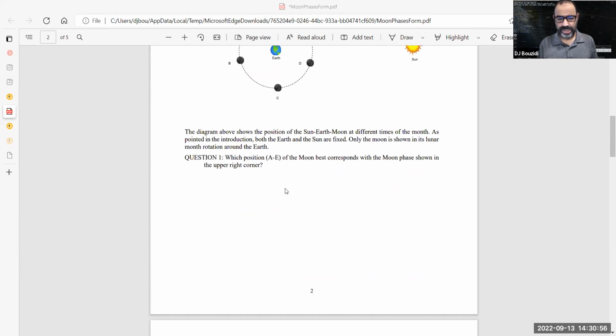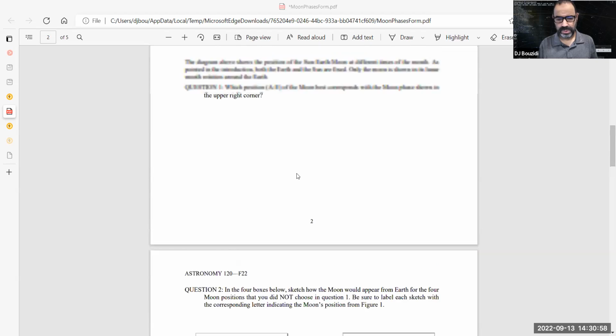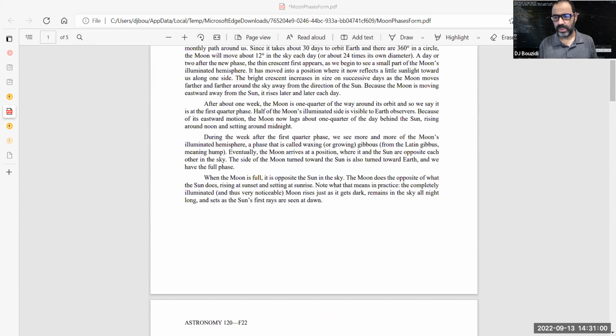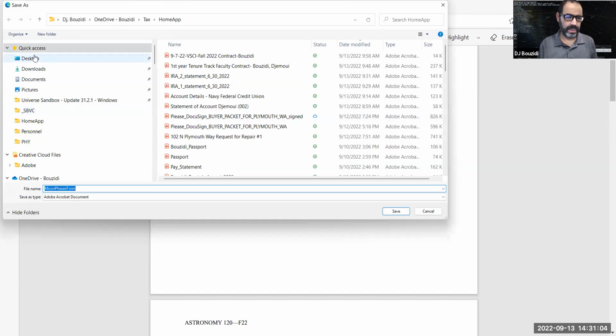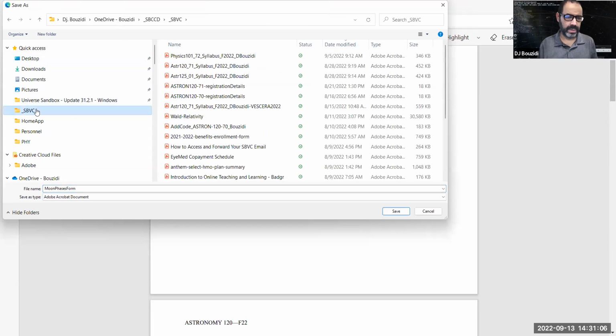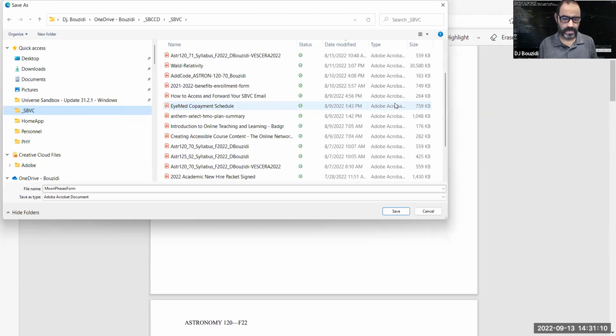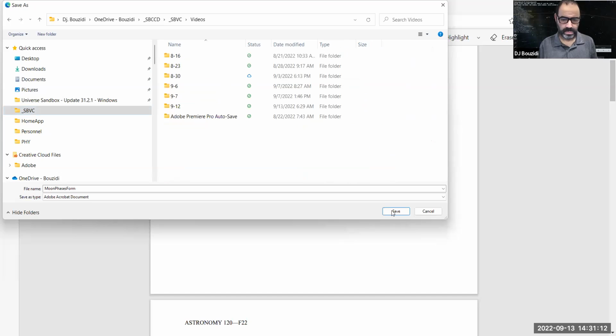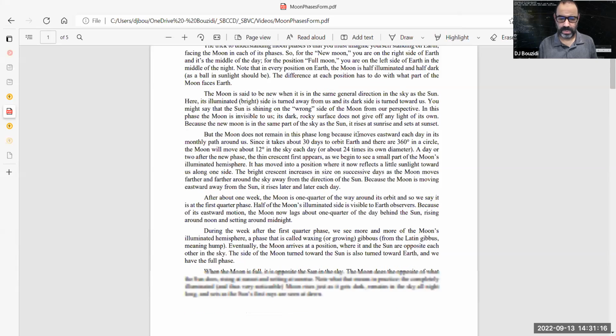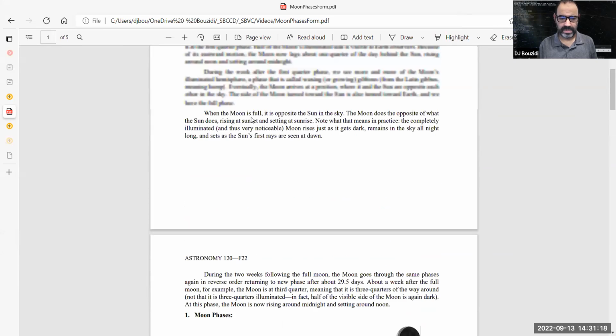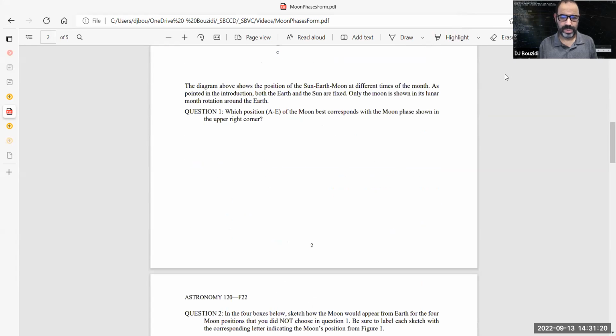So again, this is the question. Which of these positions, okay, it's not working, so I'm going to save it to my computer, and come back and open it from there, because it's supposed to help me fill out these questions in here, and it's not doing that.